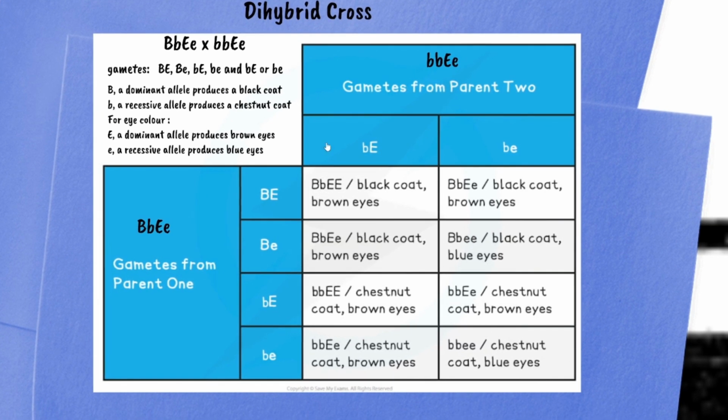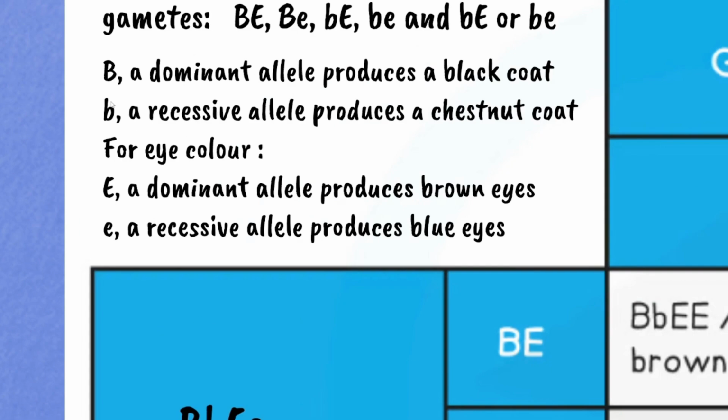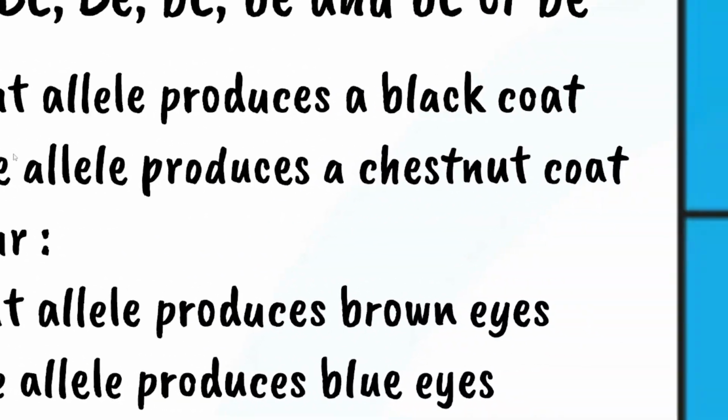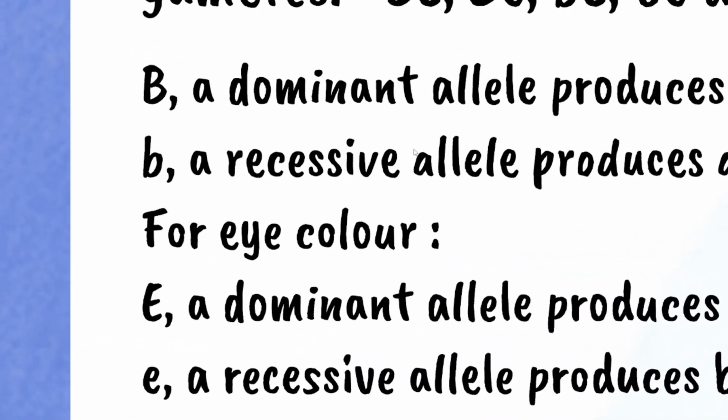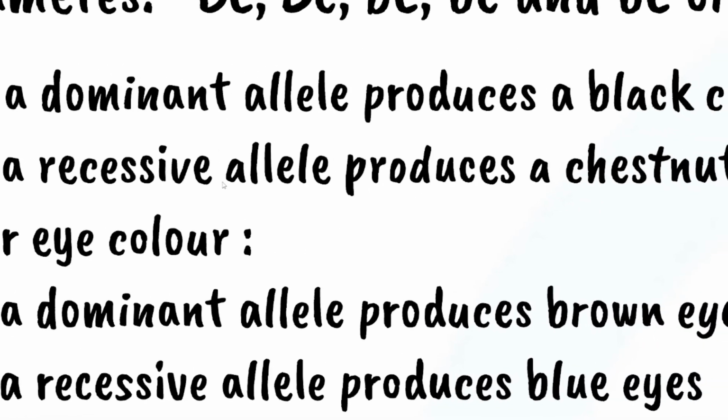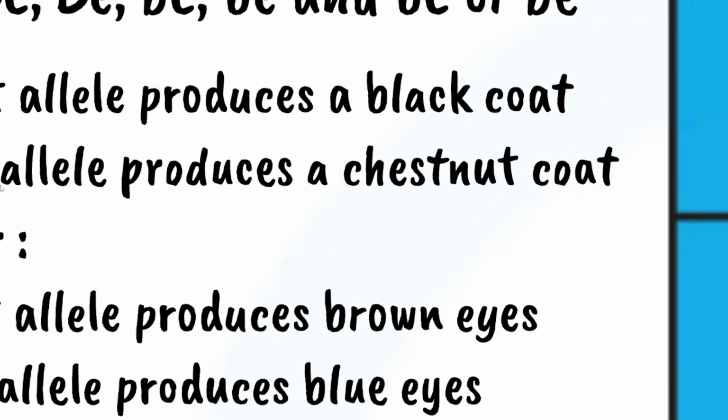So let's get here. Capital B describes the dominant allele and produces a black coat. Remember that the capital one is dominant because it's capital. The B is capital here, so it codes for a dominant allele and produces a black coat. The small one is always recessive, so it produces a chestnut coat.